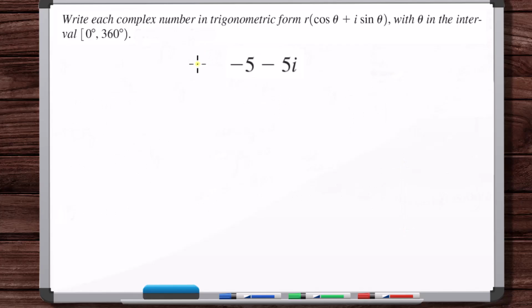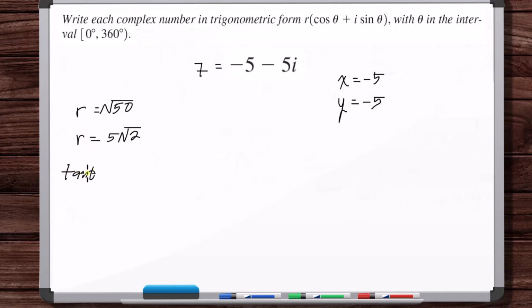Okay, here we see x is minus 5, y is minus 5. So r is going to be the square root of 25 plus 25, so principal root of 50. We know that 50 is 25 times 2, so we've got 5 root 2.